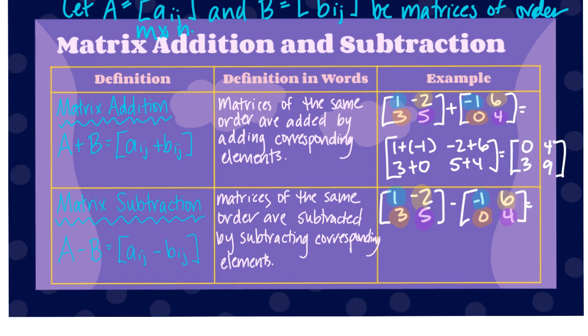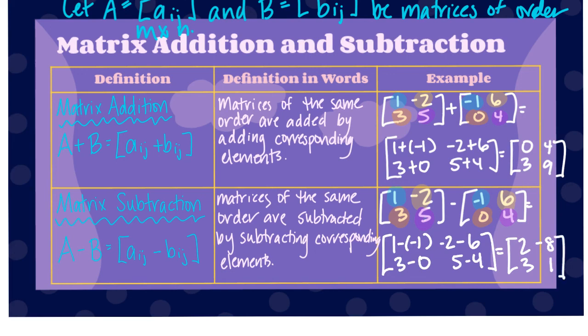So we could rewrite that as 1 minus negative 1, negative 2 minus 6, 3 minus 0, and 5 minus 4, which would reduce to 2, -8, 3, 1. We started off with two 2 by 2 matrices, and we end up with a 2 by 2 matrix.